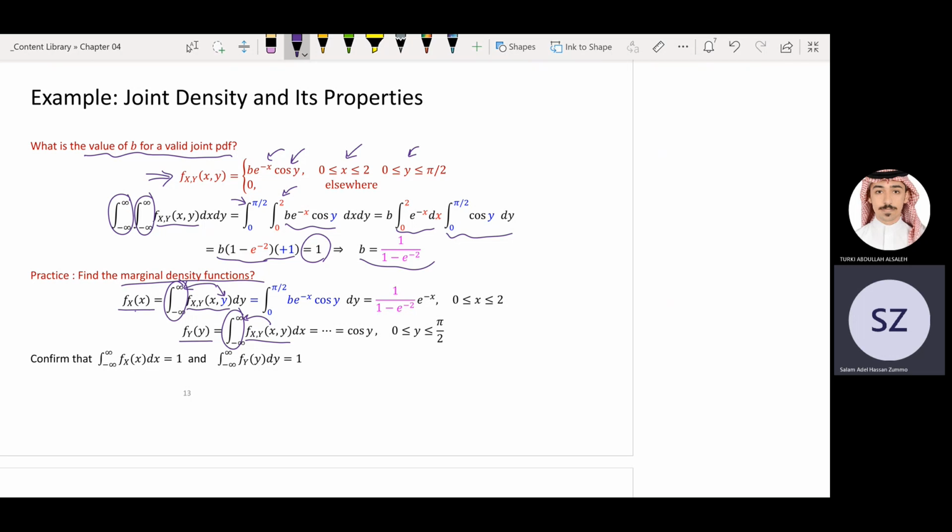So if I integrate with respect to y here, what do I have? b e to the minus x cosine y dy. b e to the minus x is irrelevant to y, so you can take it outside. So you have cosine y between 0 and pi over 2, which gives you basically 1, and you get this. So this is the PDF of x. What does it look like? What do you think?